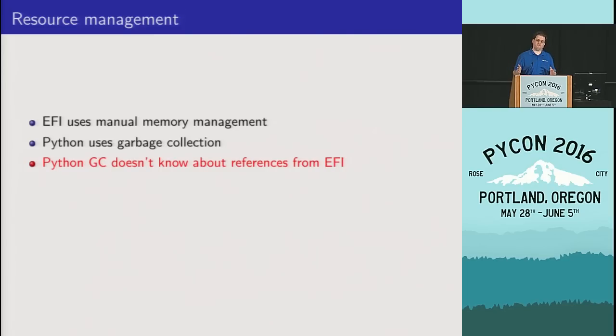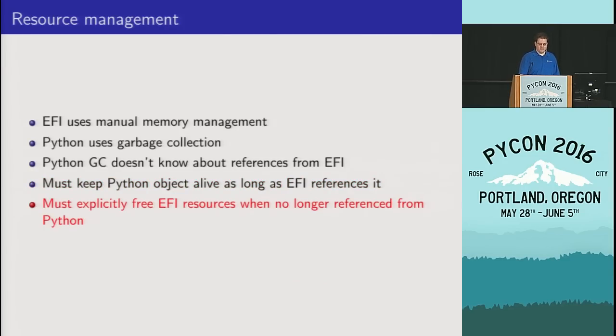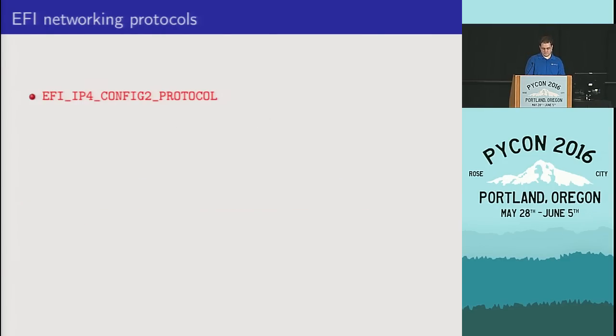So if we make an object and hand a pointer to that object into EFI, and then that object goes away due to garbage collection, EFI is going to be very unhappy, generally to the tune of a crash and reboot. So we have to keep Python objects alive as long as EFI is referencing them, and we've got some frameworks to help with that. The other is we do have to explicitly free EFI resources when we're done with them.